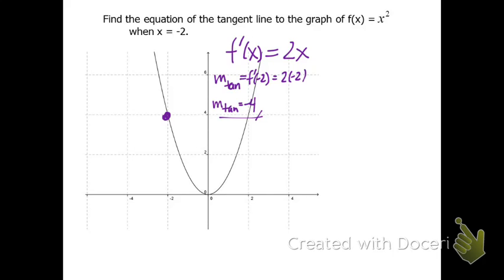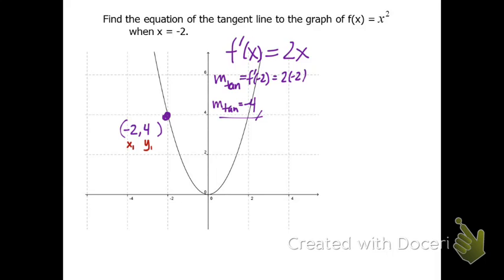And I already have my point. The point that I am working with is -2, 4. So as you remember, this is x1 and this is y1. Right? So I have everything I need.